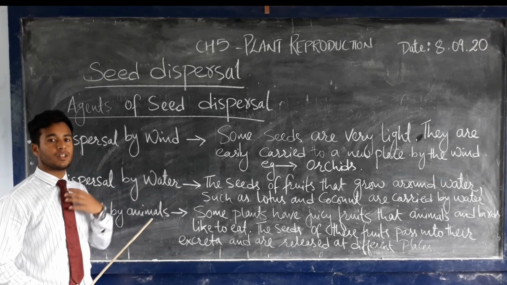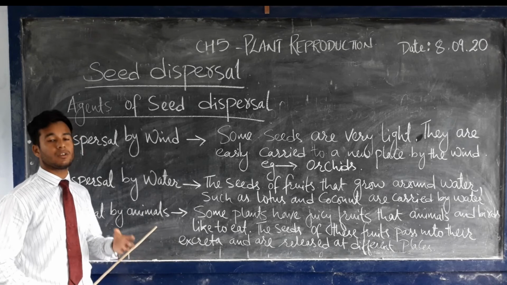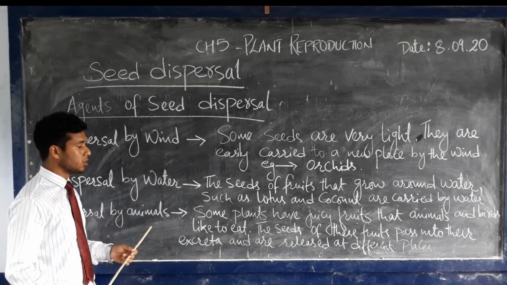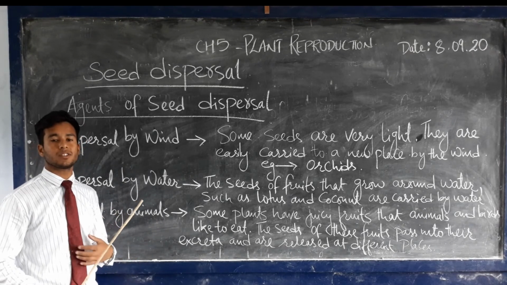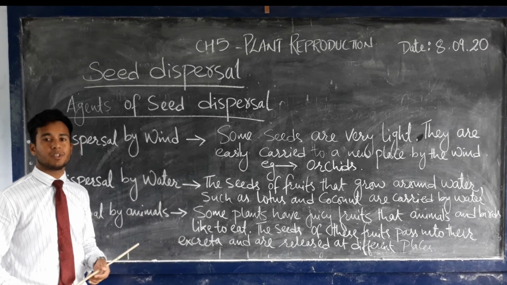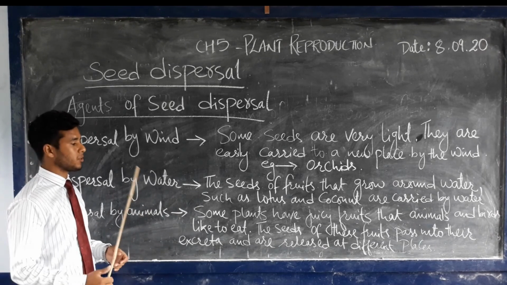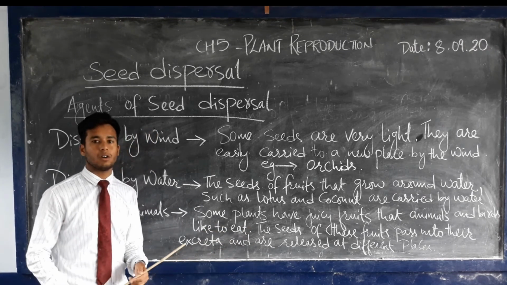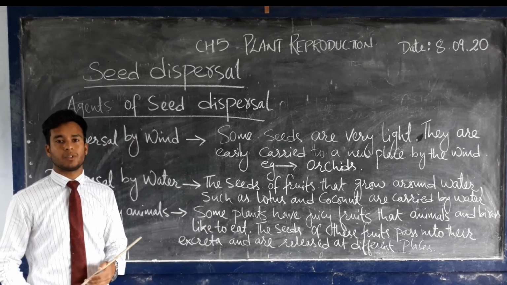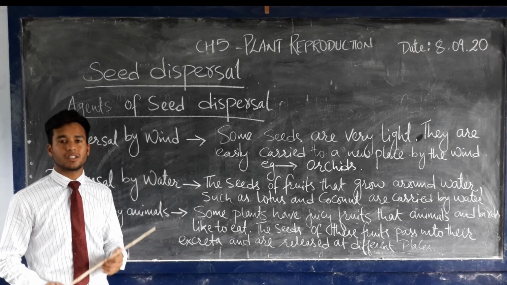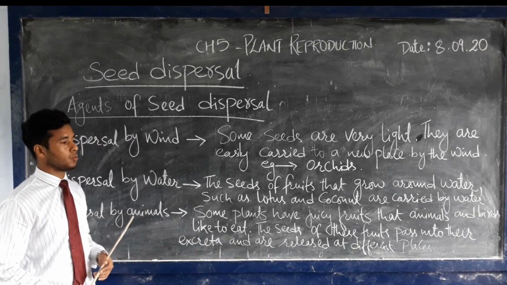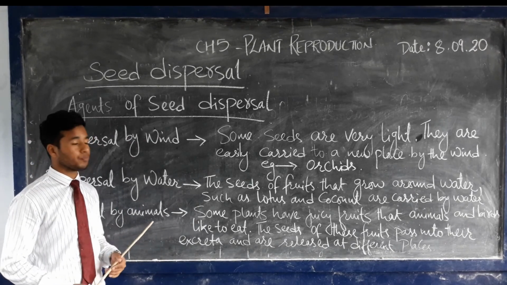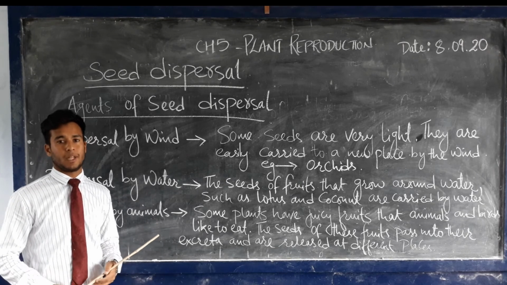So when they release the waste from their body, that waste also contains some seeds, and those seeds will grow in that area or region with the proper conditions which are necessary for a seed to grow as a new plant.